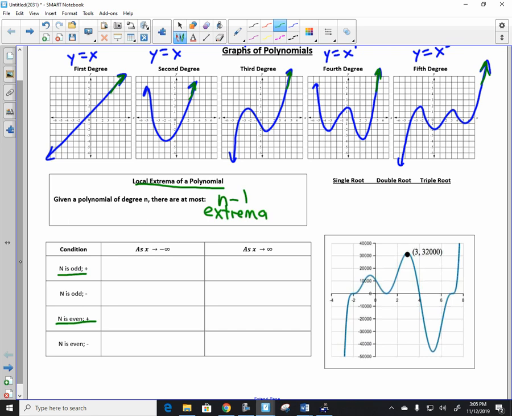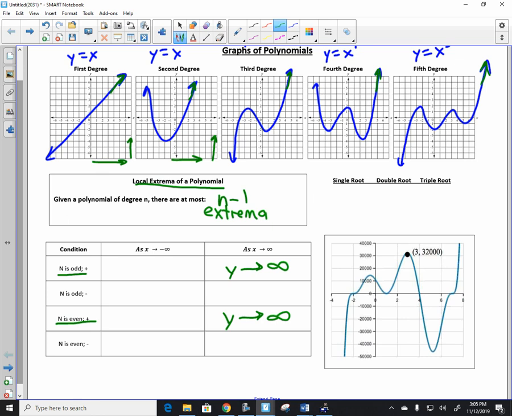So as x goes to infinity, y also goes to infinity. So as you head to the right in all these situations, as I head to the right for x, the y value goes up as well. As I head to the right for x, the y value goes up, and so on and so forth.